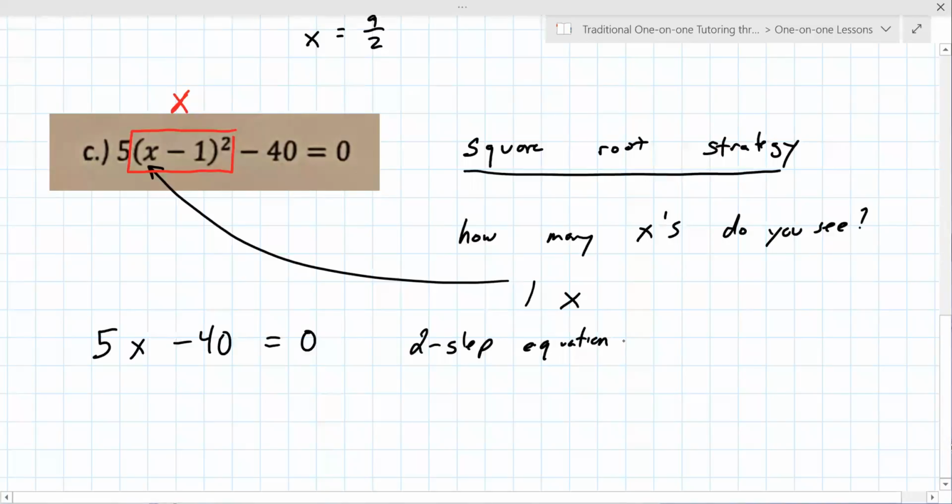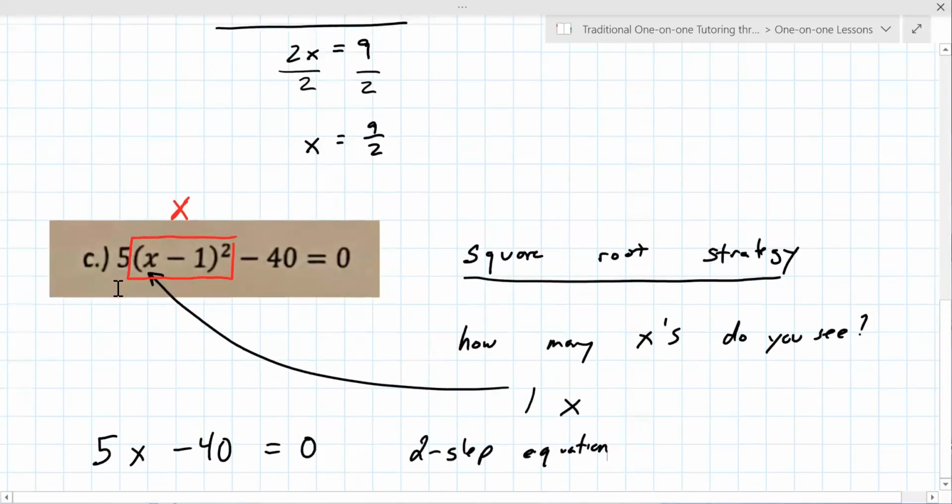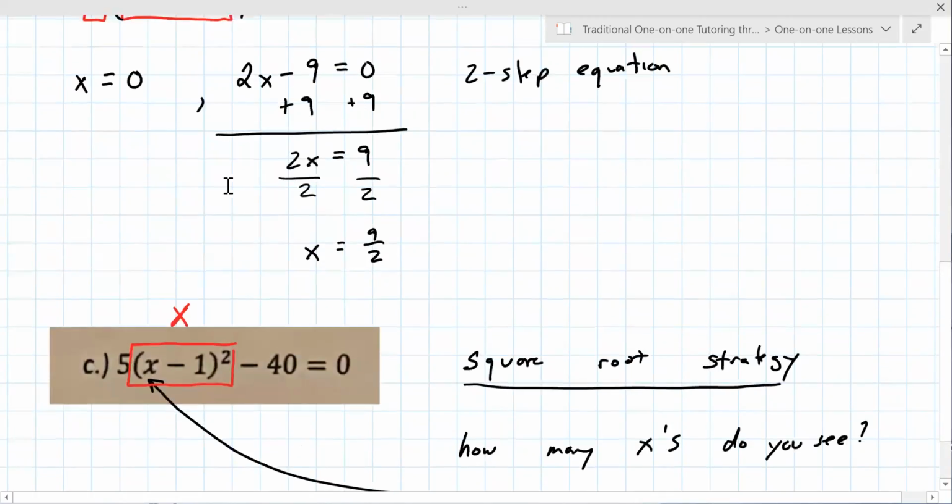Okay, you should divide. Well, let's go back and look at a previous problem. What did you do here to solve this two-step equation? So how do you solve a two-step? C is a square root strategy, right?